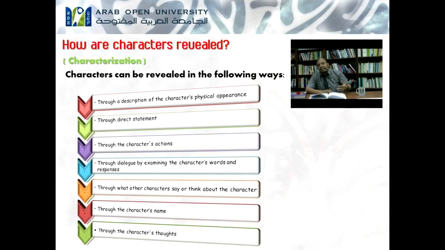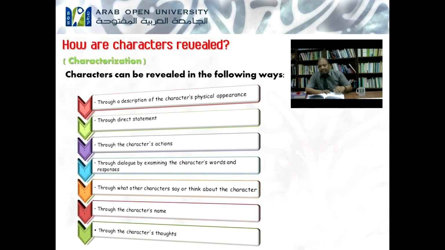Characterization is divided into direct, otherwise known as explicit characterization, or indirect, otherwise known as implicit characterization. So explicit characterization is by definition meant to present and introduce characters in a direct way through the narrator.